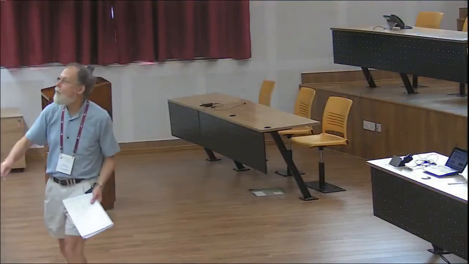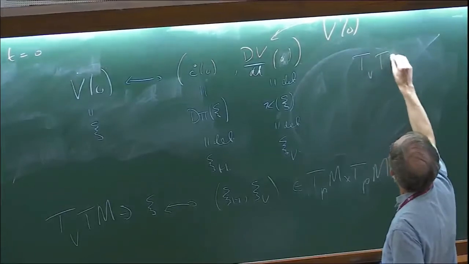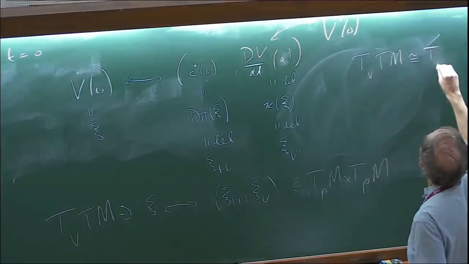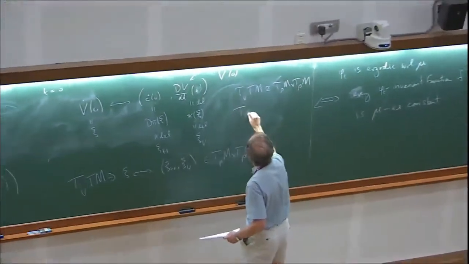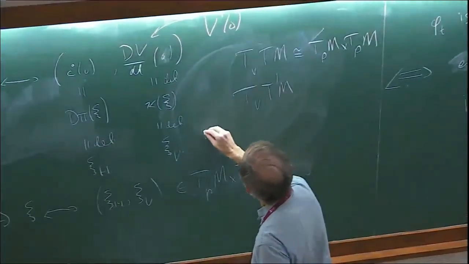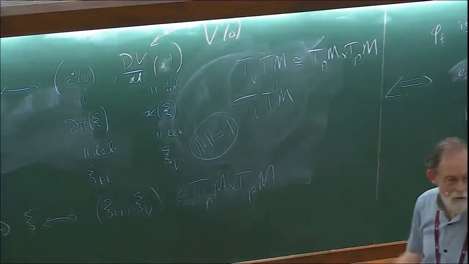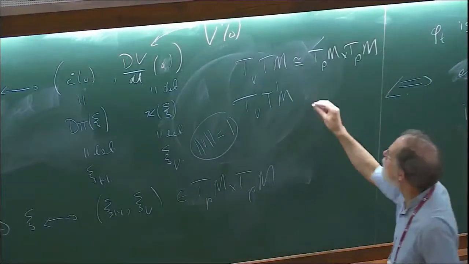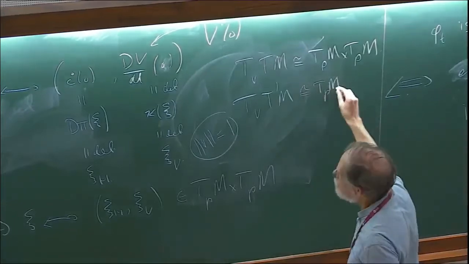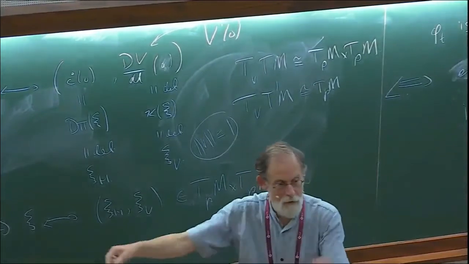Okay, so we have that. And so the tangent space at V is sort of isomorphic in this way to that. And let's suppose that V has length 1, so it is in the unit tangent bundle. What's the tangent space to the unit tangent bundle over here? Well, this first component tells you how the foot point of your vector can be moved around.